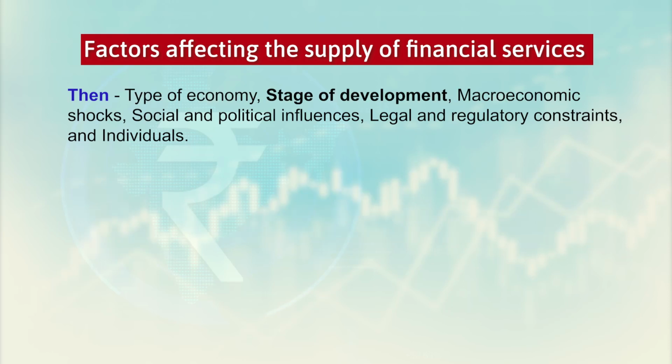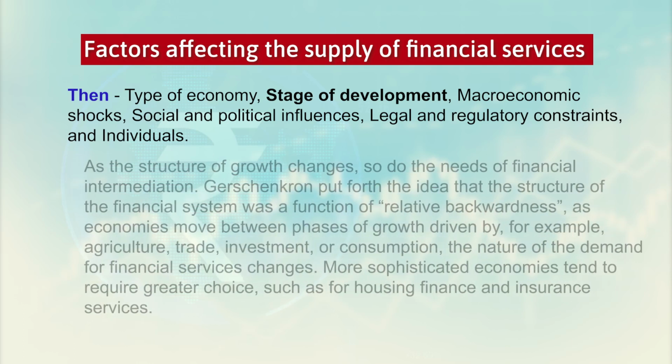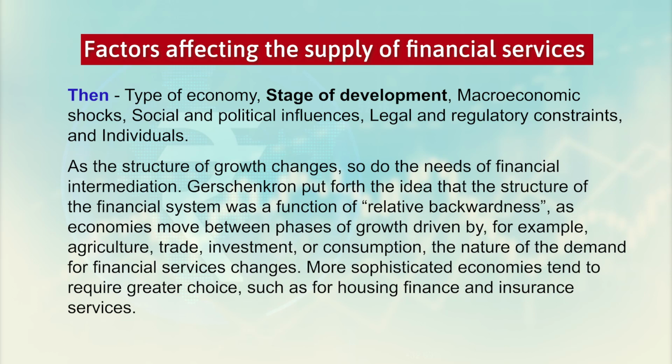Then we can have the concept of the stages of development. The stage of development of a particular economy can really affect the supply of financial resources, because as the structure of growth changes, so do the needs for financial intermediation. Gerschenkron put forth the idea that the structure of the financial system was basically a function of relative backwardness.